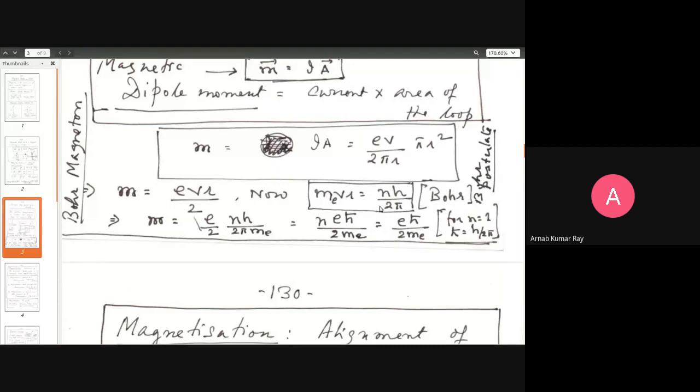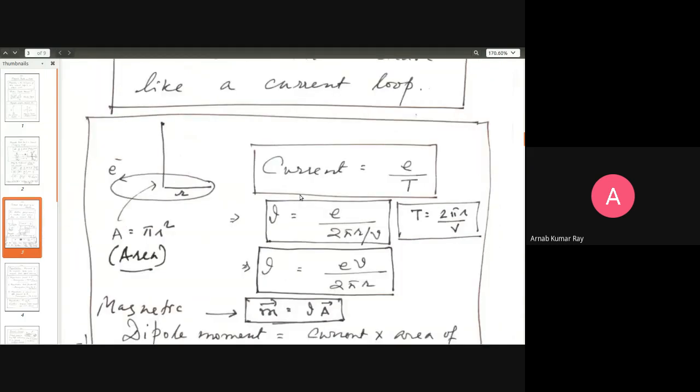Okay, but there's a slight problem with this whole business, which is not there in planetary physics: the electron is a charged particle. And if it is going round and round, then it must be accelerating.